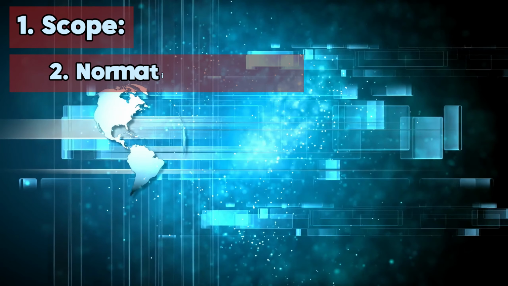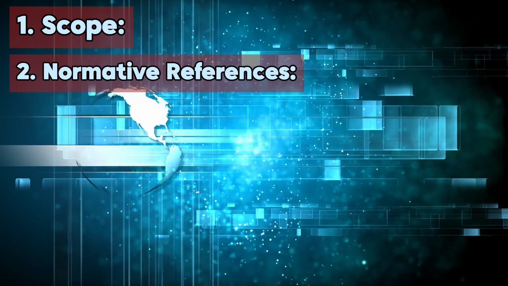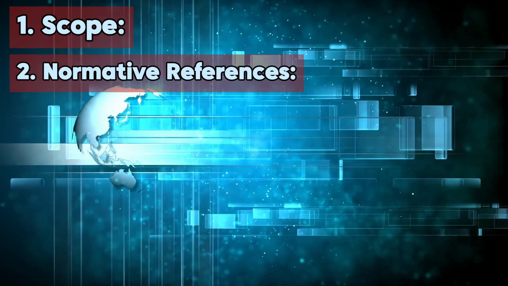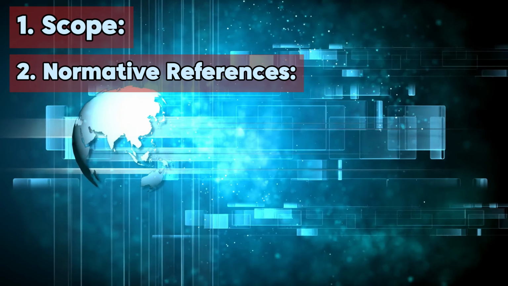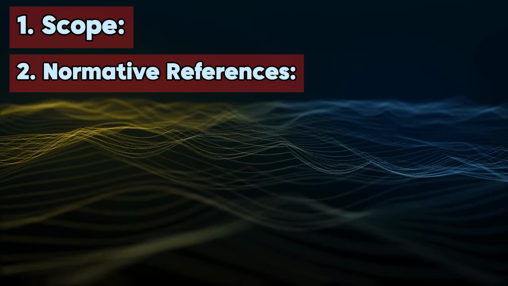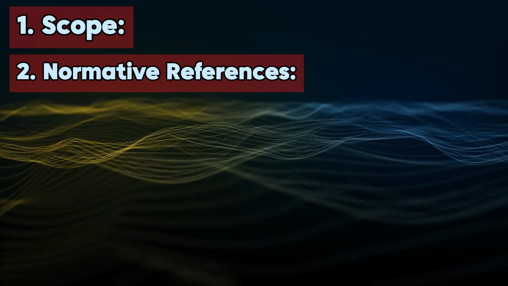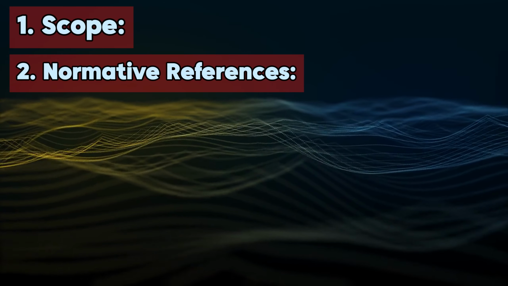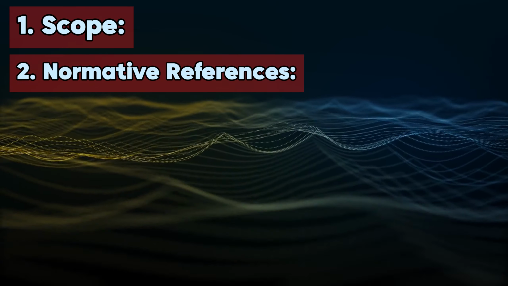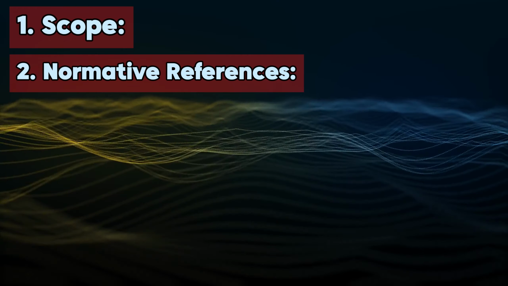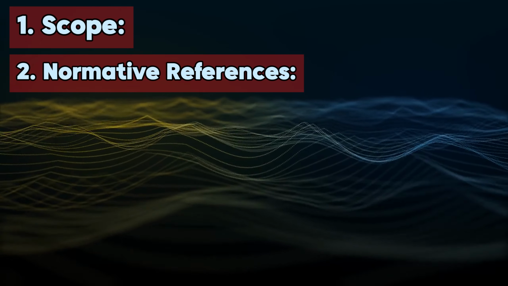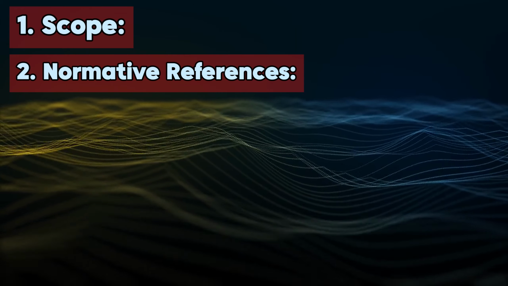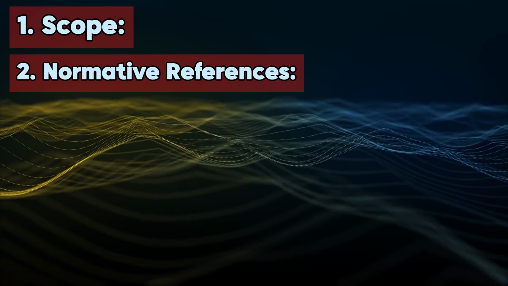Clause 2, normative references, provides references to other standards that are relevant to the application of ISO 9001. For all ISO standards, each has normative references, which say you can refer to that other ISO when you are applying the current ISO, because it has some beneficial information or data which might help you while you are applying that specific ISO.